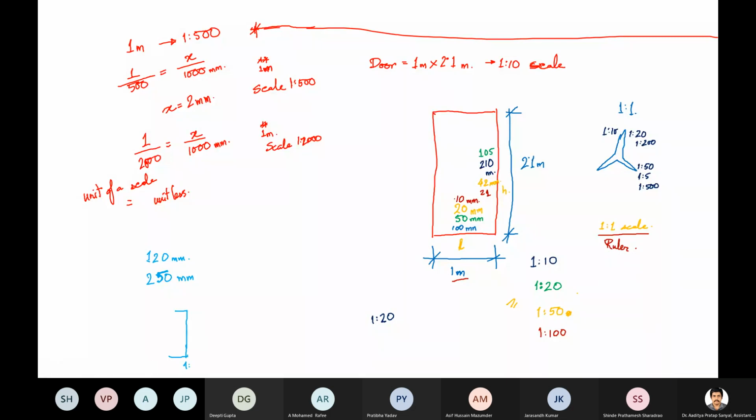Your 250 mm wall will look like this at a scale of 1:10. Are you guys clear? If you are not clear, just let me know. Others? Clear? Yes, sir.